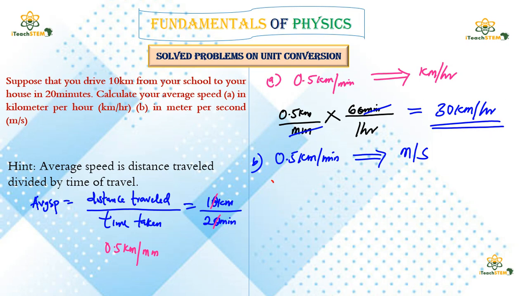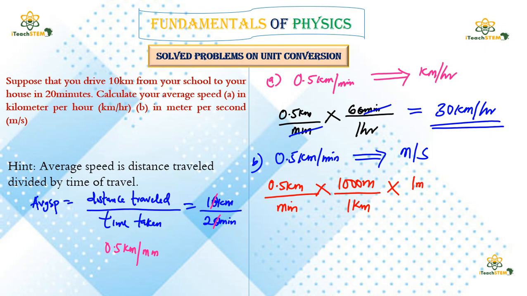So we have 0.5 kilometer over minutes multiplied by the conversion factor for kilometer and meter. 1000 meters is equal to 1 kilometer.